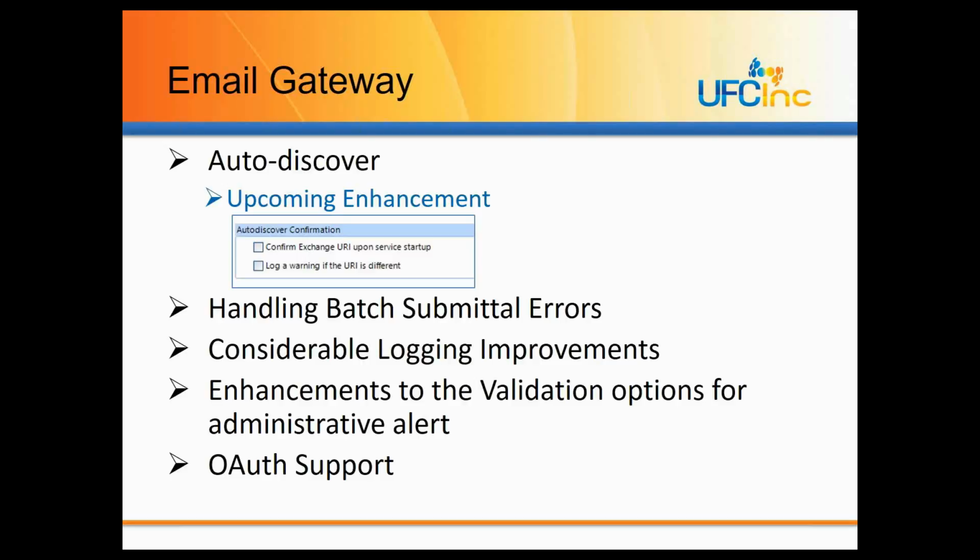OAuth support is something pretty new in the marketplace. Only certain popular services like Gmail are using it today. Exchange eventually will probably go OAuth, but today it is not. So it's something that we're adding into the product up front just to make sure it is supported.